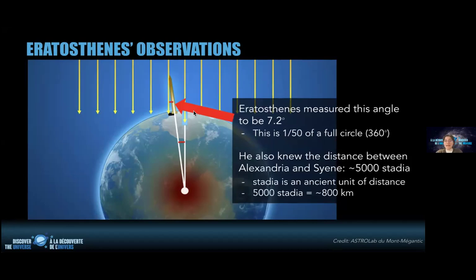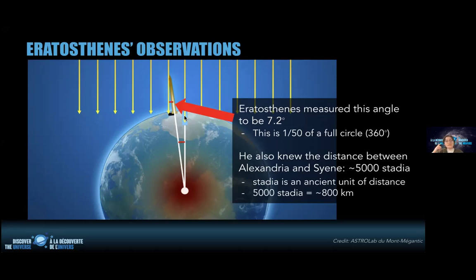He measured that angle to be 7.2 degrees. This is 1/50th of a full circle, which is 360 degrees. He notes that the Earth is round, so it covers 360 degrees. So this angle between Alexandria and Syene is 1/50th of the full Earth.